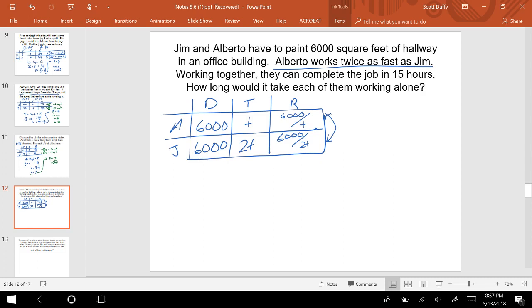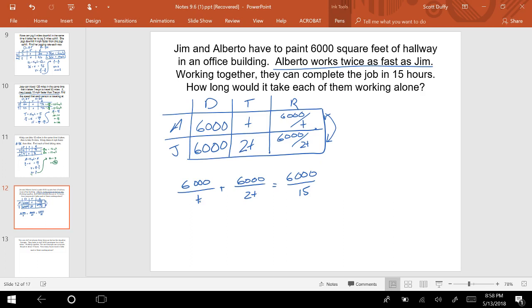So we are saying that Alberto's rate, 6,000 over t, plus Jim's rate, have to work out to be equal to 6,000 over 15, because together they have the rate of 6,000 square feet in 15 hours. How long would each of them take working alone? Well, that would be t. That's what we're solving for.